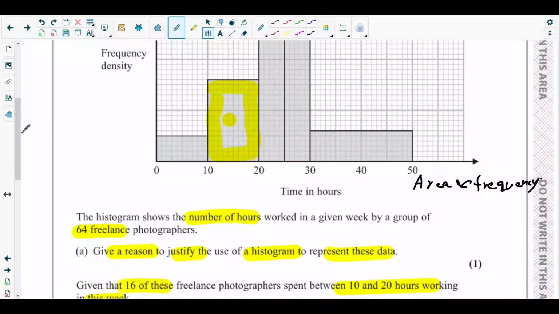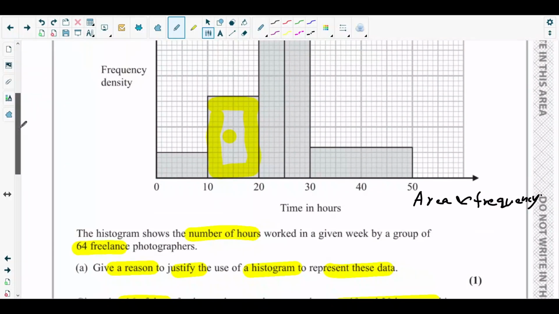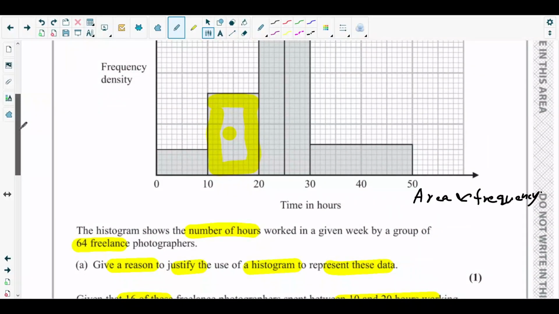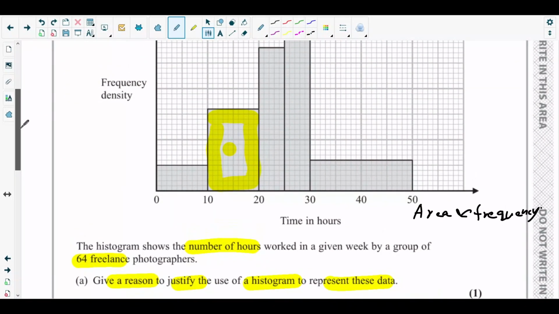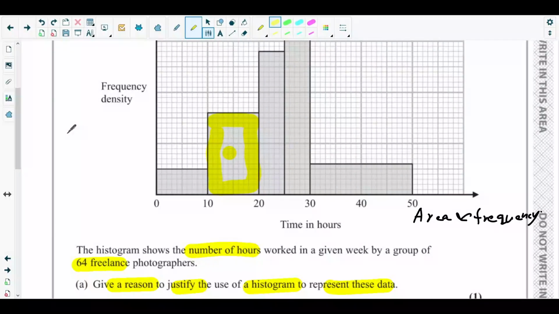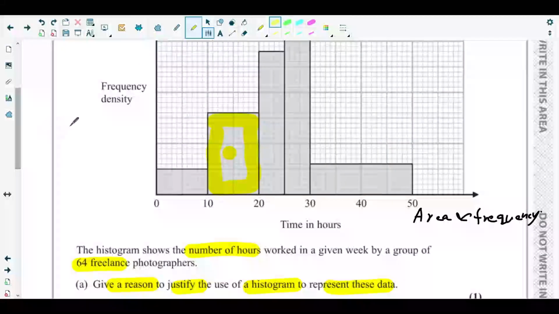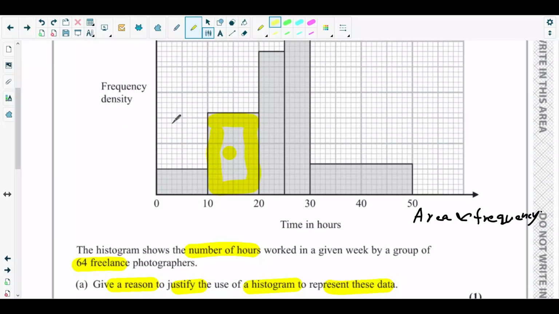If we take out the proportionality sign, then we need a constant k times frequency. This k is basically the scale factor, the scaling along the y-axis, because the scale for frequency density is not given.